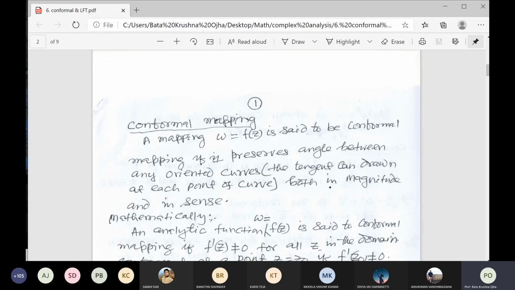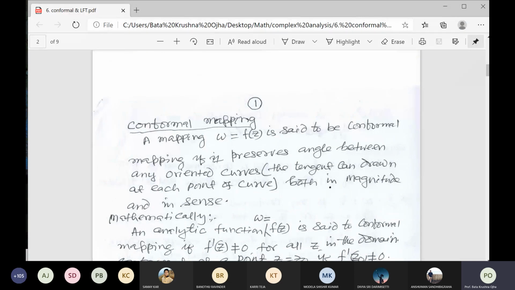Similarly, the mapping of C1 is called tau1, and tau2 is the image of C2 in the w plane. Both intersect at w0, so by the function f, w0 is equal to f of z0, that is, w0 is the image of z0.